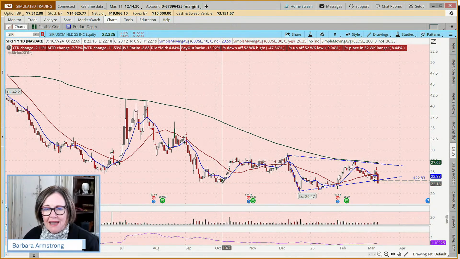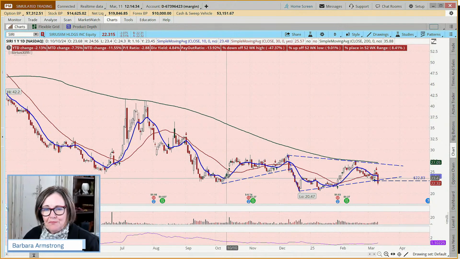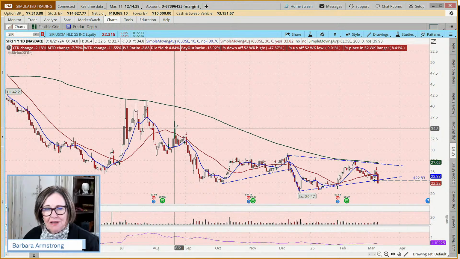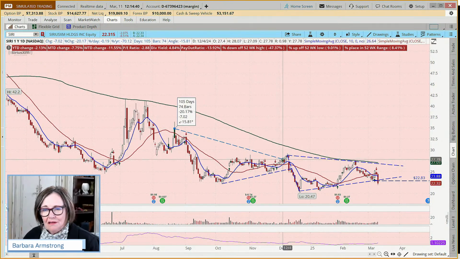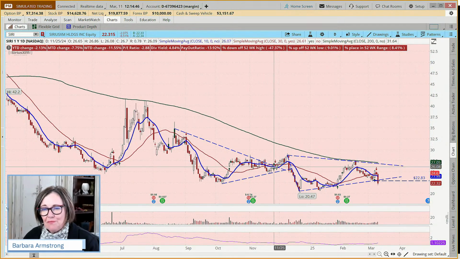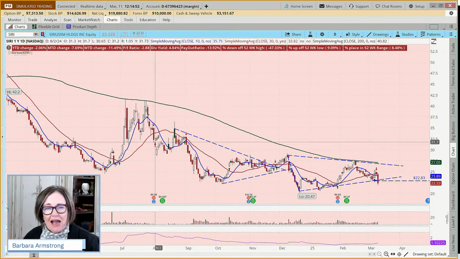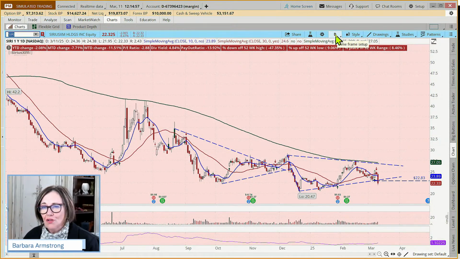Where we had a series of higher lows again, but if we came from here, a series of lower highs. And then it broke to the upside, but it didn't stay very long, did it? So we can practice just going back and looking at charts over a longer time frame also.